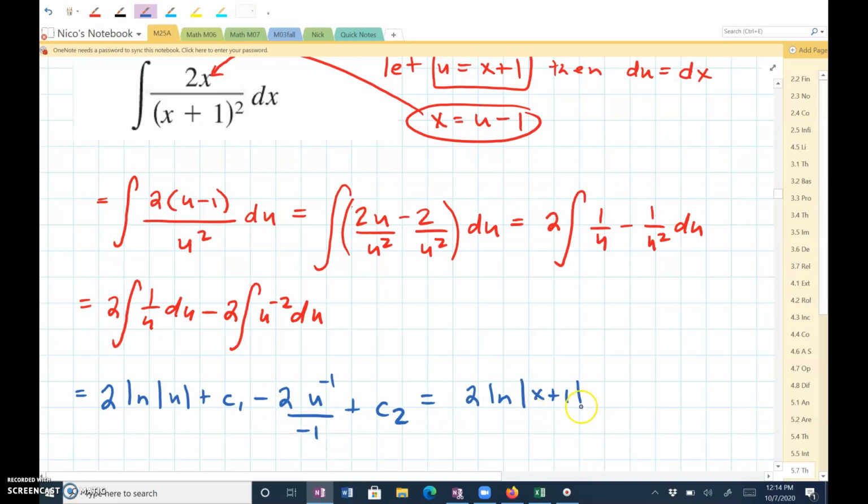These negatives here would become a positive, and then this would be x plus 1 to the negative first, c sub 2 plus c sub 1. Those are just two constants that you add together. It's still going to give you a constant. That would be our answer for that one.